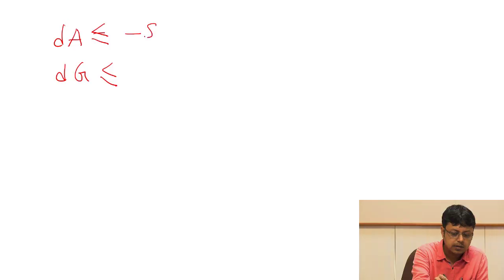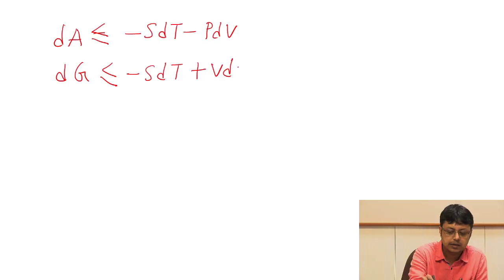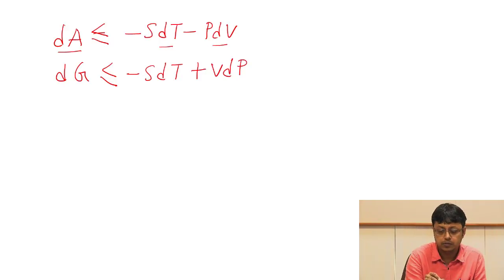dA is -SdT - PdV and dG is -SdT + VdP. So you can easily figure out that for dA, the conditions to be kept constant are temperature and volume.